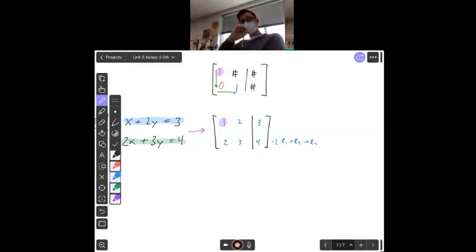Again, I like to write it next to the row that I'm messing with. I'm messing with row 2, so I like to write it next to row 2. But I'm not messing with row 1, even though I said I was multiplying by -2. We're just using that; we're not actually changing it. The 1, 2, and the 3 come over.